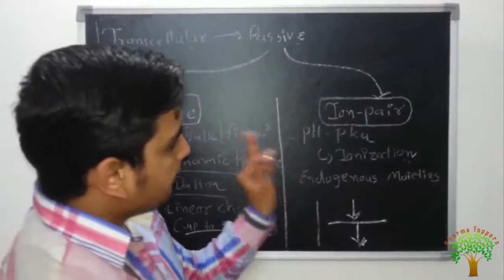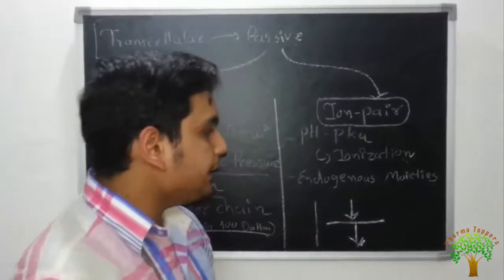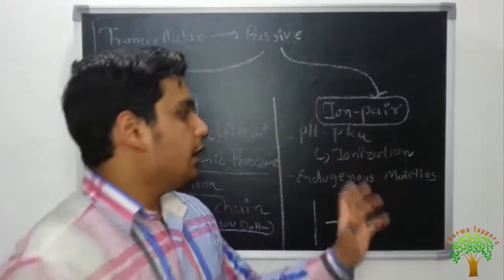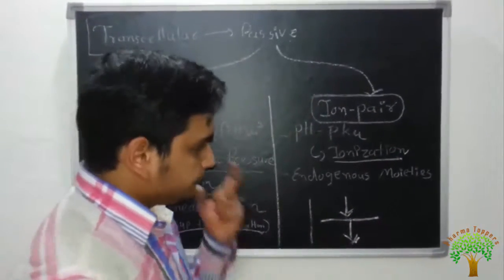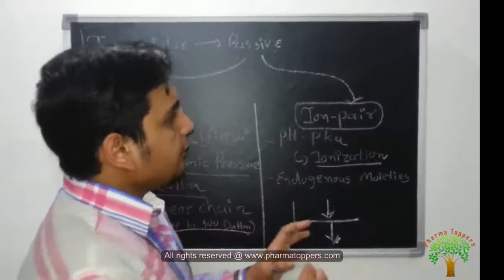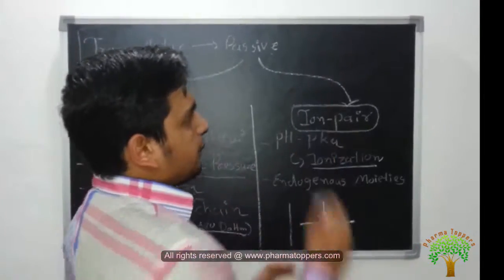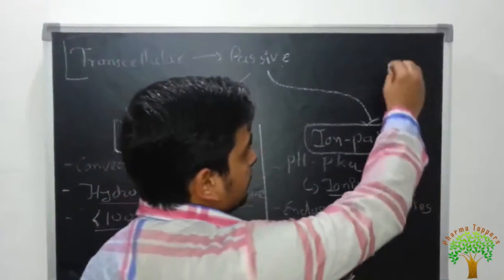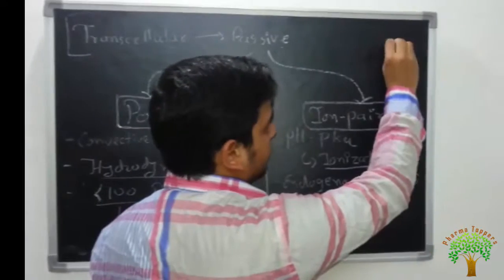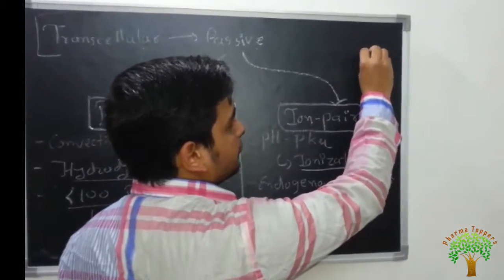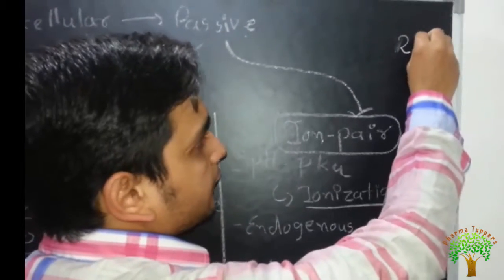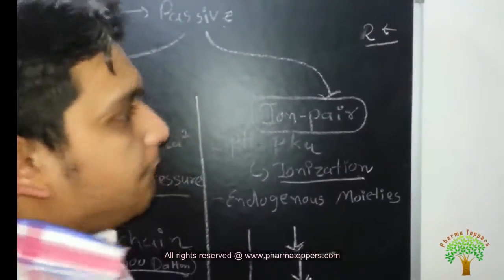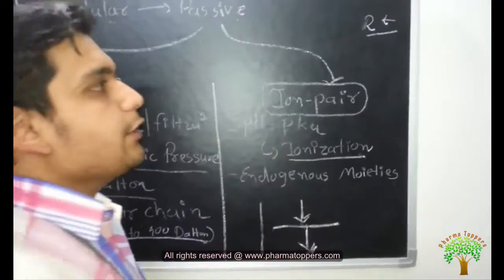We all know that the pH-pK relationship is mainly based on how the ionization of the molecule takes place in the GI milieu. In general, if I consider the stomach, suppose pH is about 2. The pH is 2 in the stomach, and my molecule has a pK value of 4.